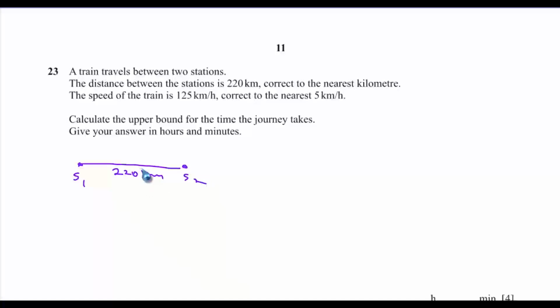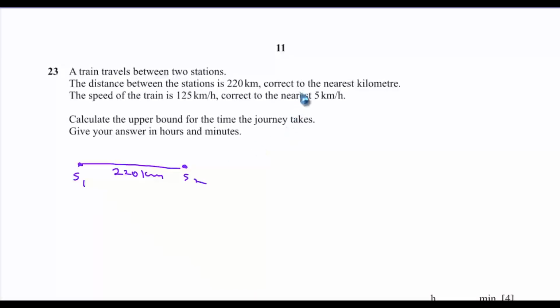The speed of the train is 125 kilometers per hour, correct to the nearest 5 kilometers per hour. Calculate the upper bound for the time the journey takes. Give your answer in hours and minutes.